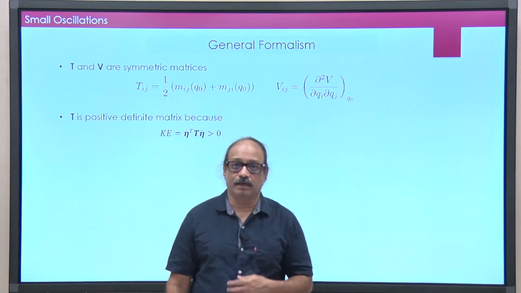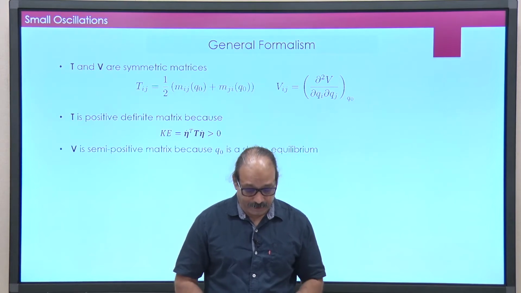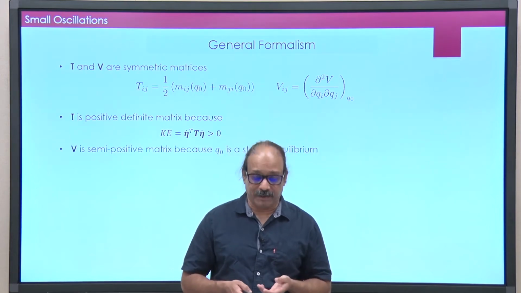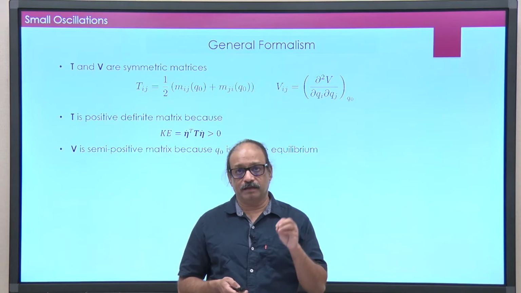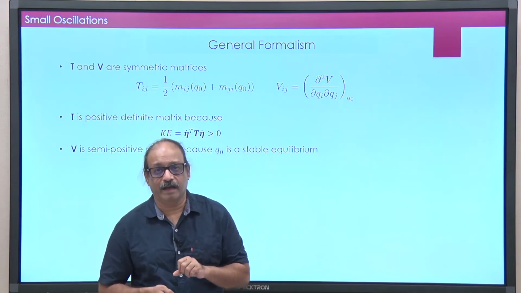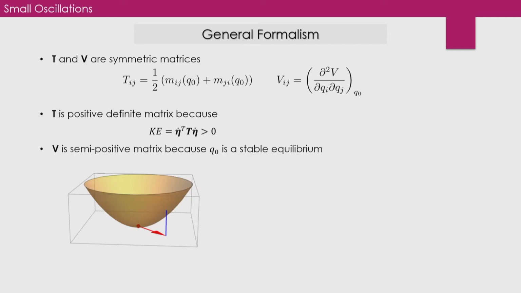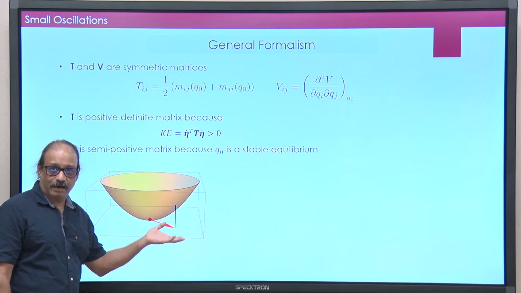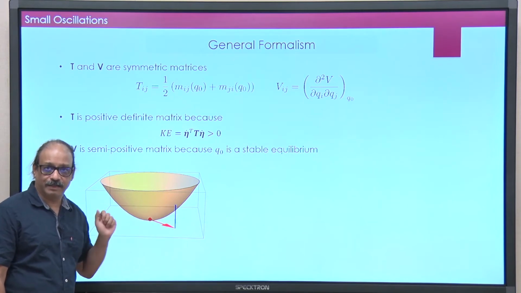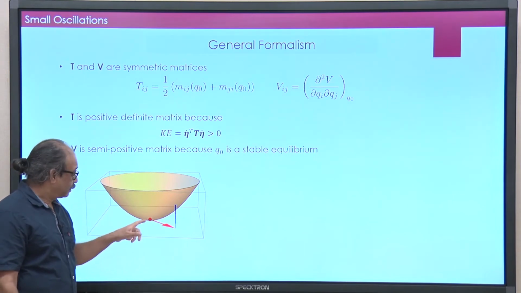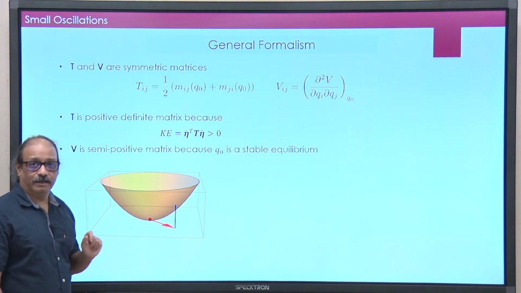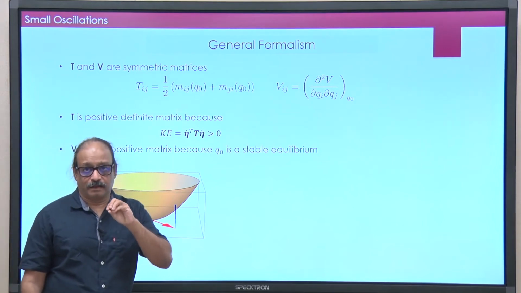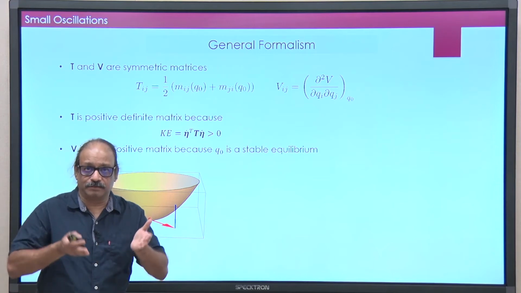What happens to the potential energy matrix? That is also positive definite, because at Q0 I have a stable equilibrium. Now, look at for example a situation like this. In the stable equilibrium, the graph of the potential would look something like this, and there is the equilibrium point where the potential energy is minimum.